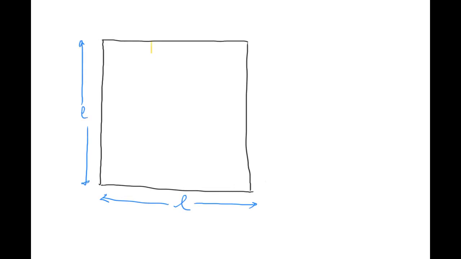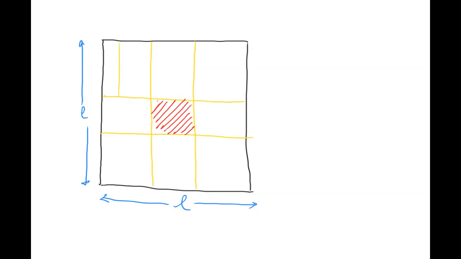And I divide this square plate into 9 equal parts by drawing these 4 lines. And then I remove the middle part. Then for the remaining 8 squares that I have, I again separate each of them into 9 equal parts, and I remove the middle part.